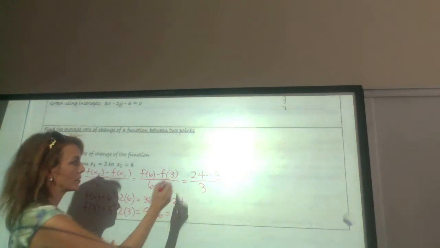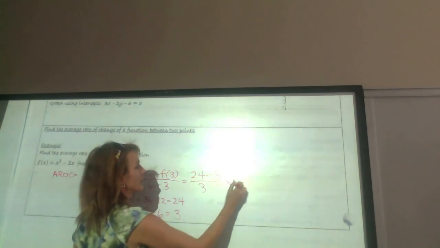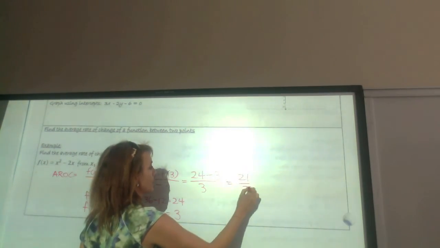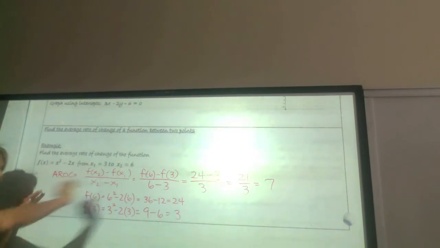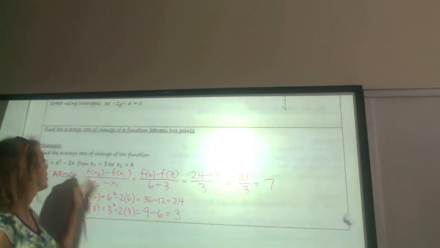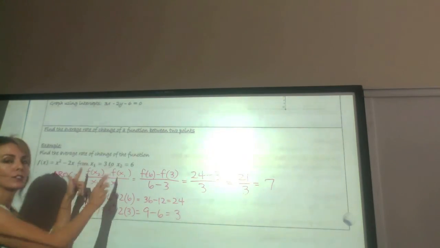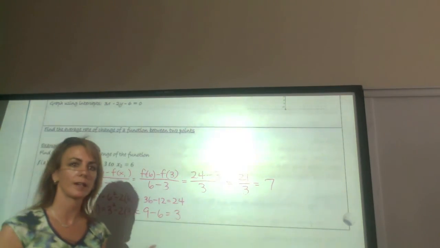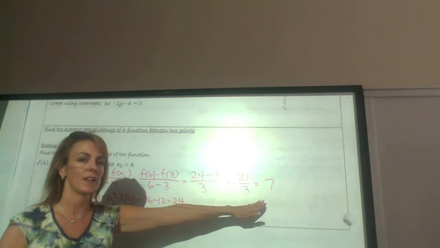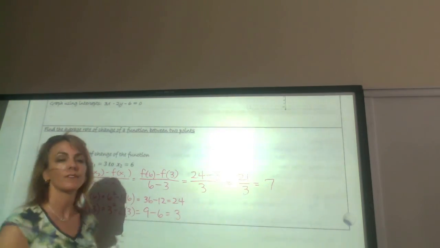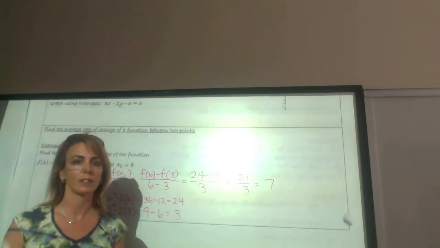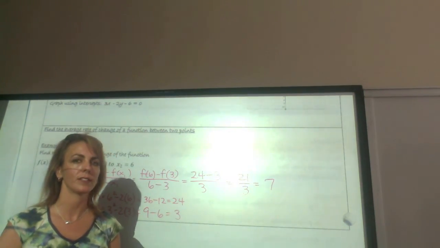We're really close. 24 minus 3, that's 21. Divided by 3, which we know is 7. So after all is said and done, the average rate of change of this function between these two x coordinates is just 7. Okay, so follow this algorithm and you can find the average rate of change of any function between any two x values. See you next time.